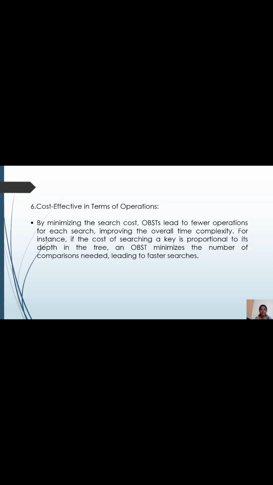By minimizing the search cost, optimal binary search trees lead to fewer operations for each search, improving the overall time complexity. For instance, if the cost of searching for a key is proportional to its depth in the tree, an optimal binary search tree minimizes the number of comparisons needed, leading to faster searches.